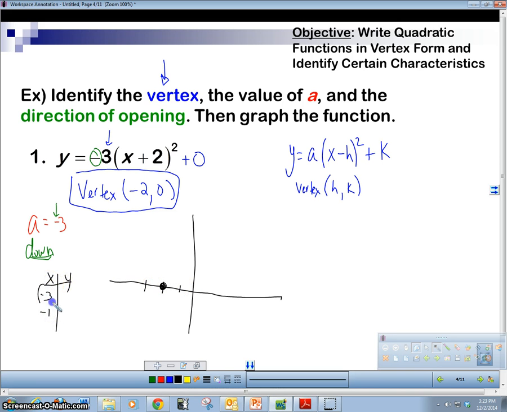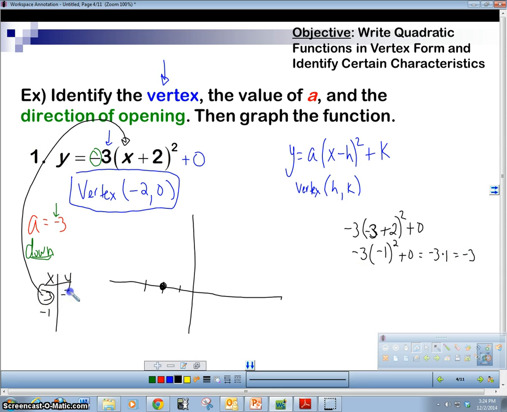I'm going to plug this x value into my equation right here. So let's put it over here on the side: -3 times (-3 plus 2) squared plus 0. It's going to be -3 times (-1) squared, which is -3 times +1, which is -3. So the y value is -3.